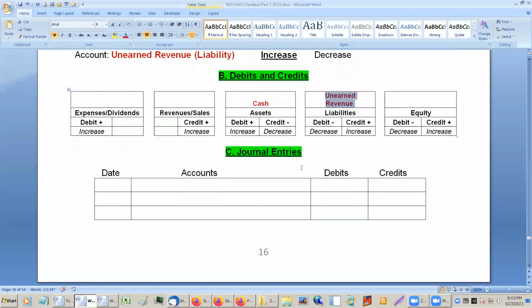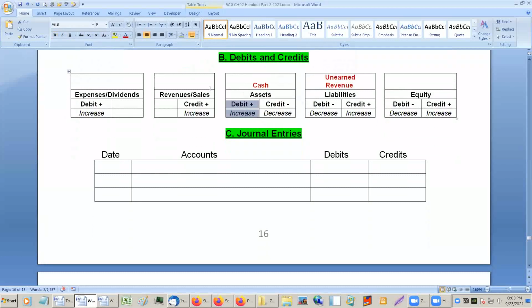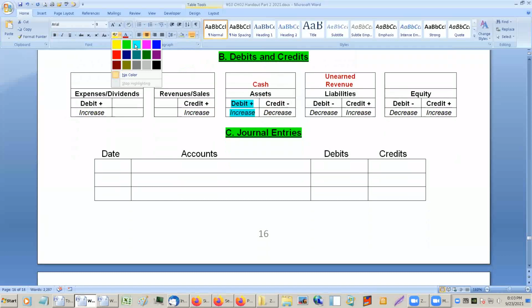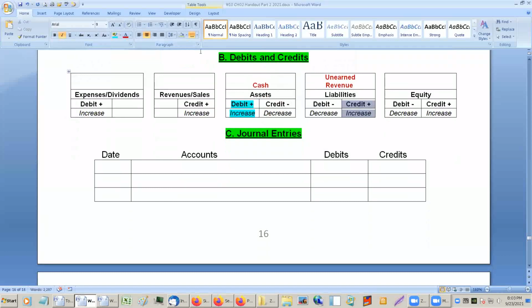Okay, so cash is going up, and the liability is going up.